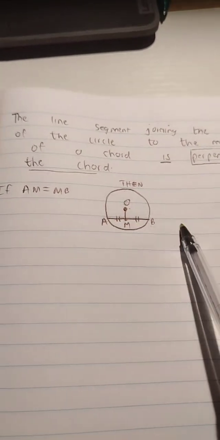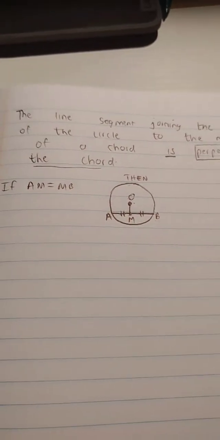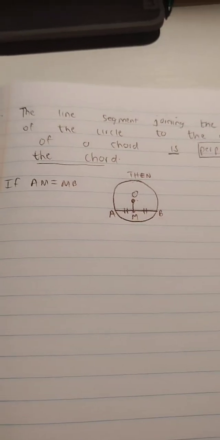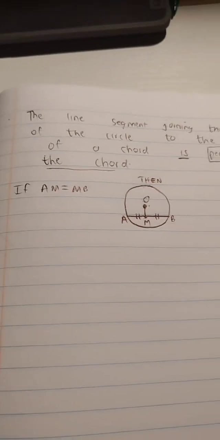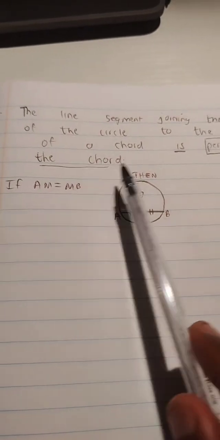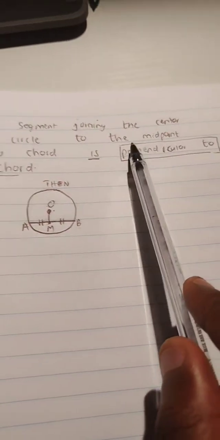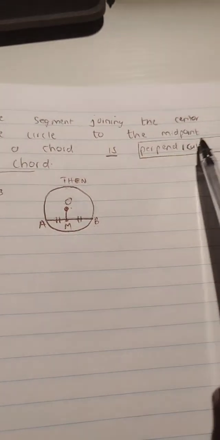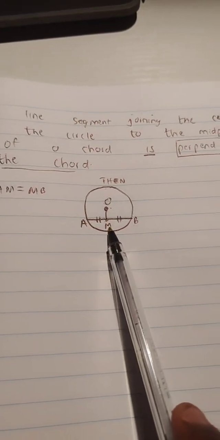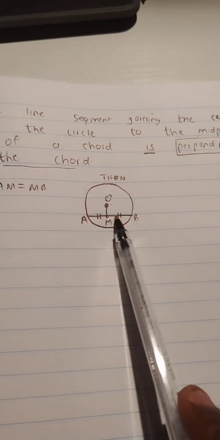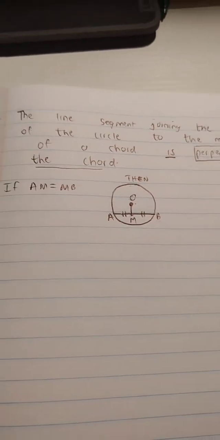If AM is equal to MB, which is what we are given this time round, then the line from the center to the midpoint would be perpendicular to the chord.